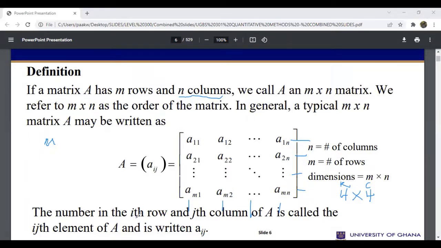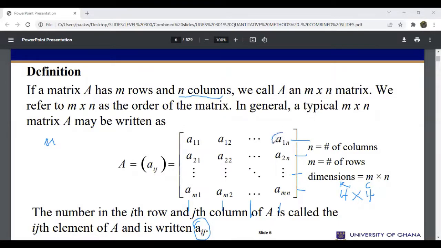So the number in the ith row and jth column of A is called the ij element of A, as written in this. All they are trying to say is that for you to be able to locate a particular element in a matrix, you have to know where that element is located.